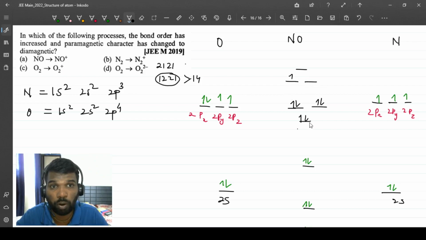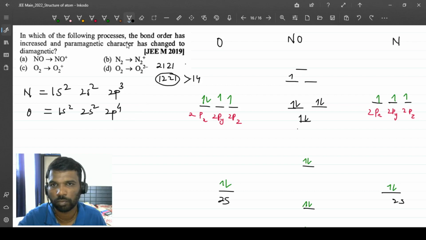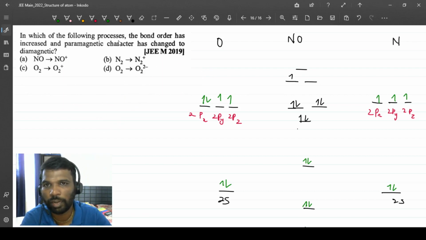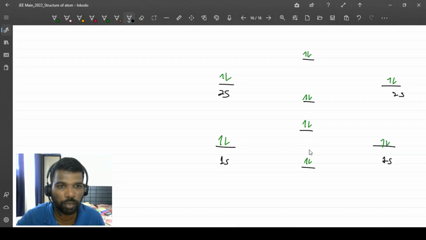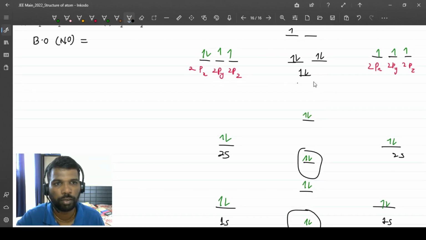Now, what will the bond order for NO be? It is the number of electrons in the bonding minus the number in the anti-bonding, divided by 2. The number of electrons in the bonding comes to 10.